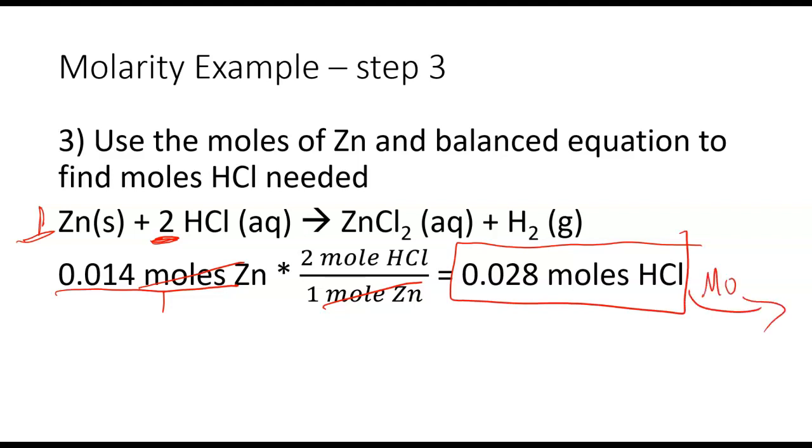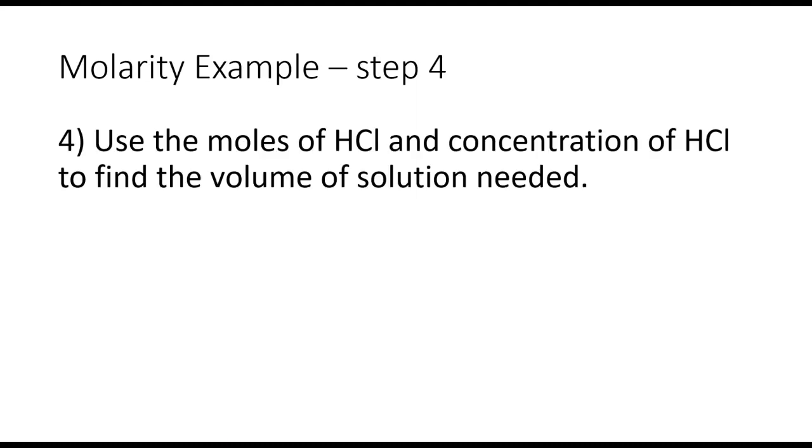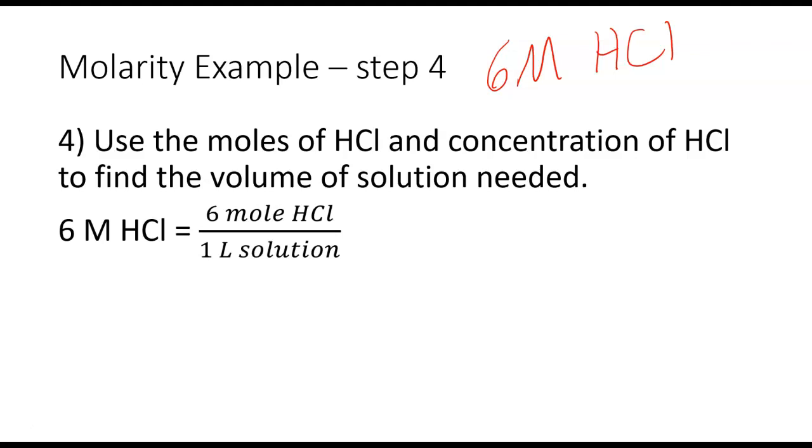So we're going to use that. And now we're going to use that molarity to get from the moles of HCl to the volume of HCl that we want. So we're going to use the moles of HCl and the concentration of HCl. Remember from the problem, it was 6 molar HCl. So 6 molar HCl means that I have 6 moles of HCl for every 1 liter of solution. That means I have 6 moles HCl equals 1 liter of solution.